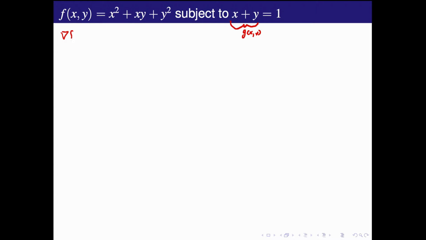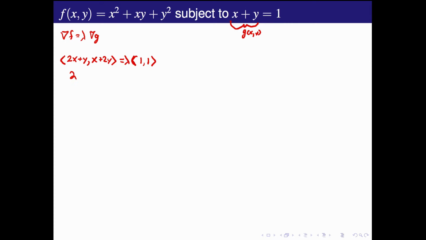So I need to set the gradient of f equal to lambda times the gradient of g. The gradient of f is (2x plus y, x plus 2y), which is lambda times the gradient of g, which is just (1, 1).